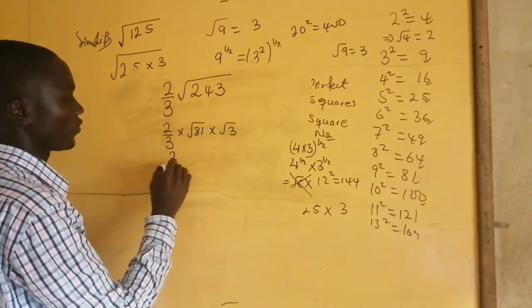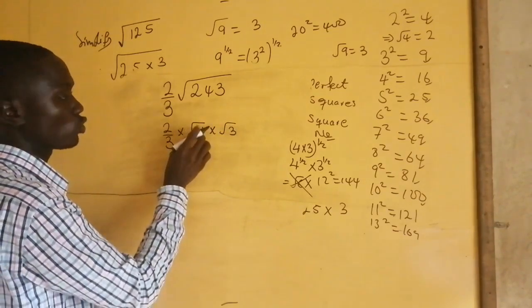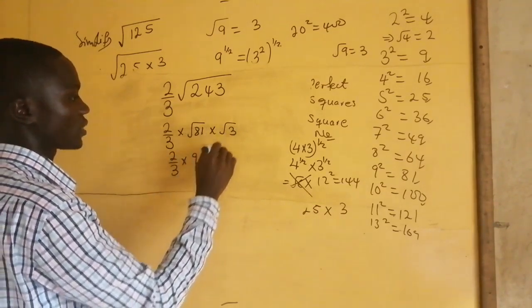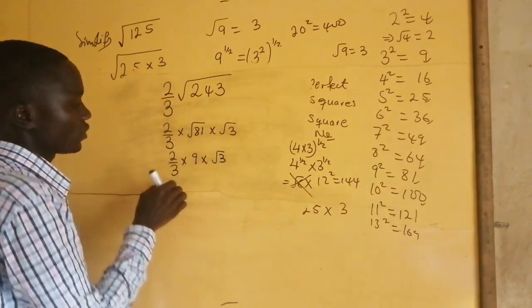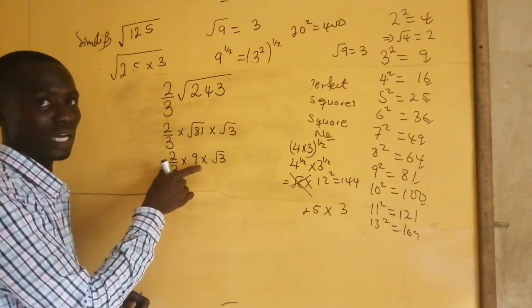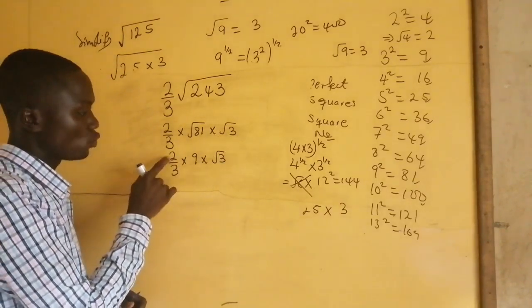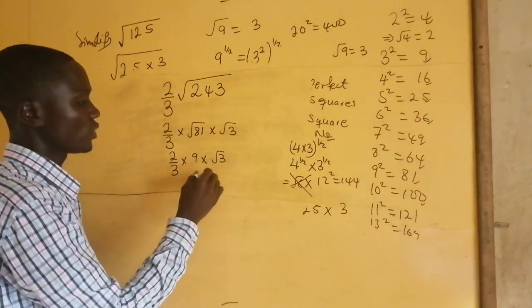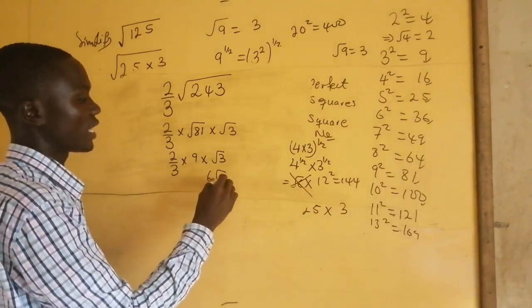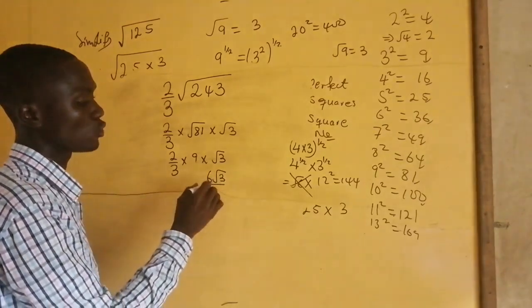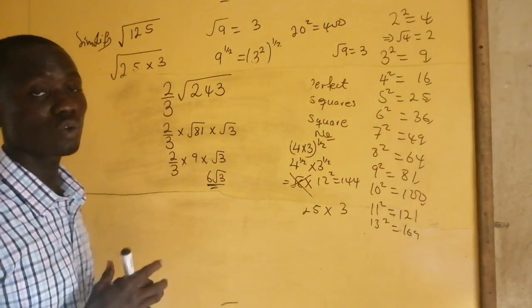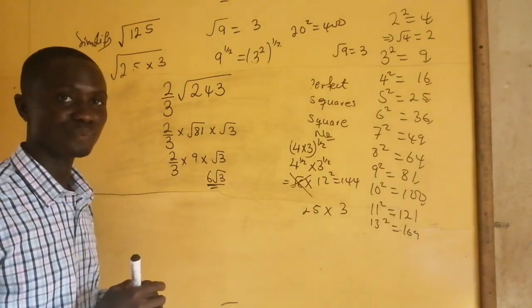This gives 2 on 3 times square root of 81 is 9 times square root of 3. You can check this one with the calculator if you cannot do it. But this is the same, 2 times 9, 18. Divided by 3, that is 6. So this gives 6 times root 3, as 2 on 3 times square root of 243.